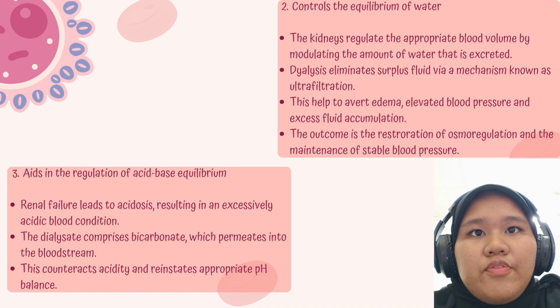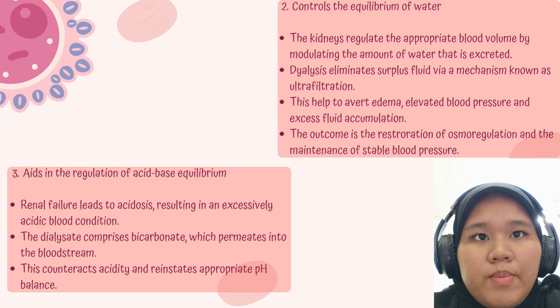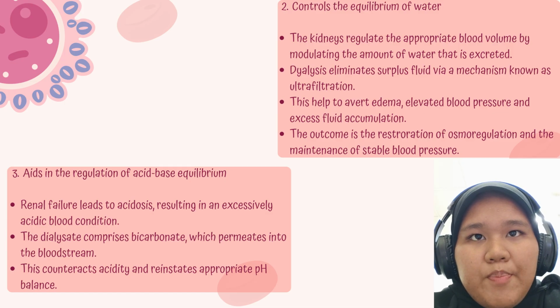During ultrafiltration, the machine pulls out extra fluid from the blood. This helps prevent problems like swelling, high blood pressure, and fluid buildup in tissues. By doing this, dialysis helps restore normal osmotic regulation and keeps blood pressure stable.